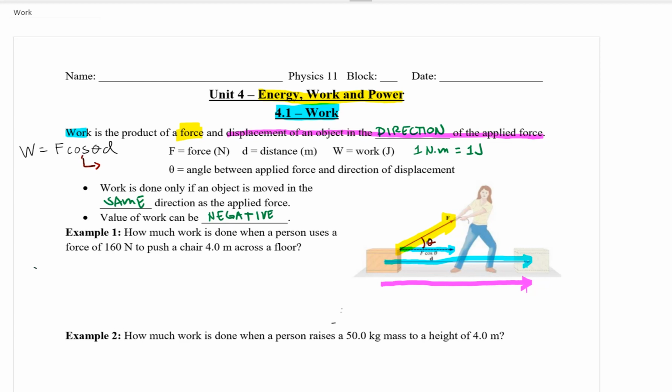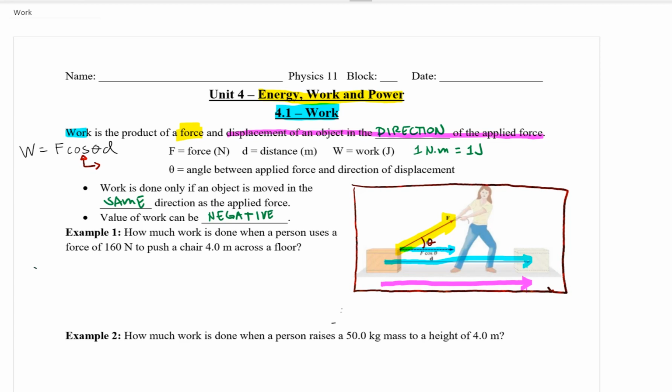You have there cosine theta. So theta could change. Remember that just like in this particular diagram here, the force is angled off with the displacement.